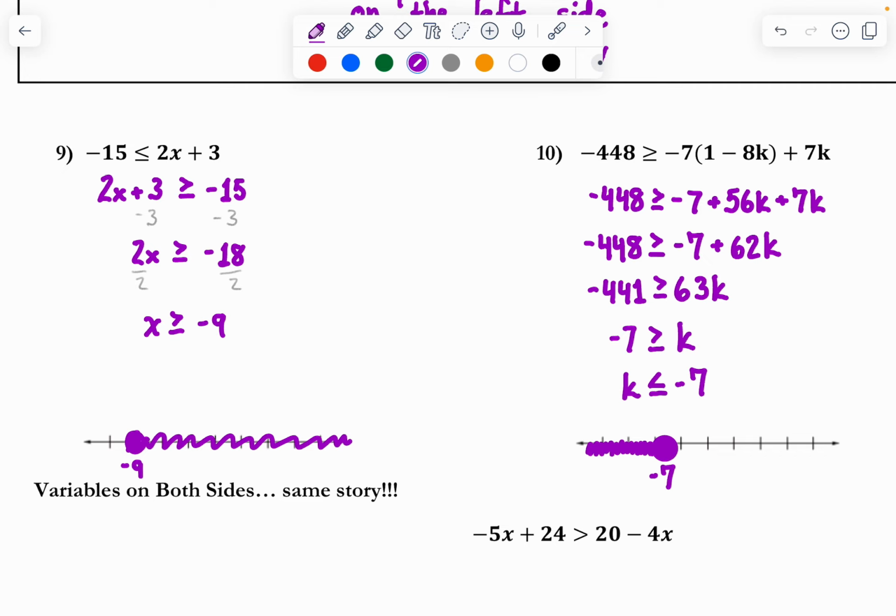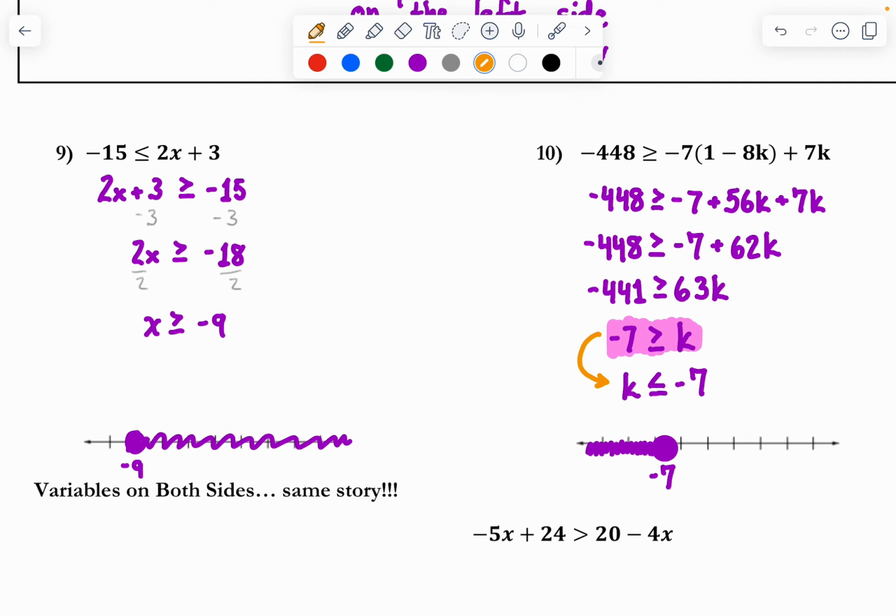We're distributing that negative. You could see right here on this step as I'm doing this problem, this happens. This is why I like to flip, because if I try to do negative 7 is greater than k, if you look at my rewrite here, I rewrote that with the k on the left, the negative 7 on the right, and that inequality is pointing at k.